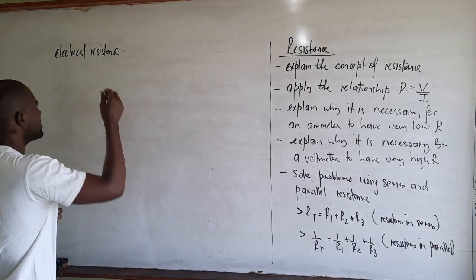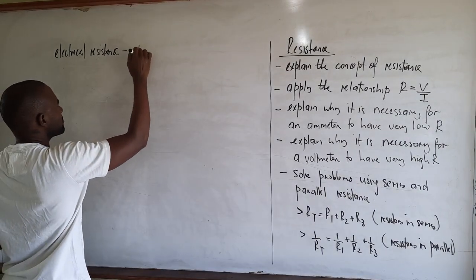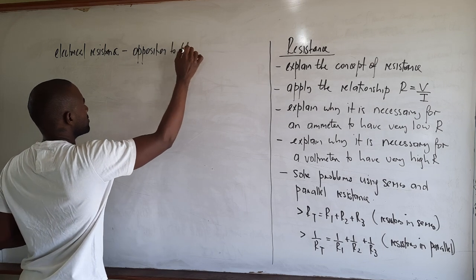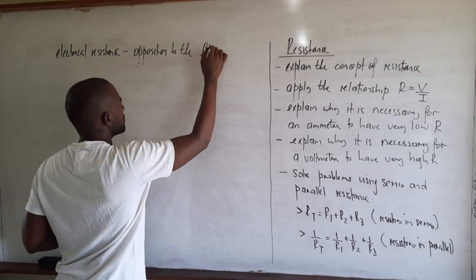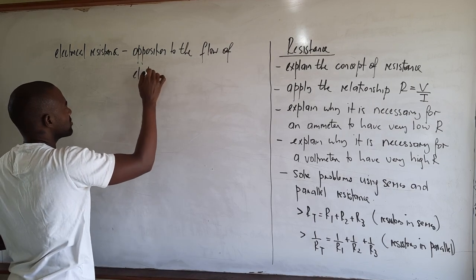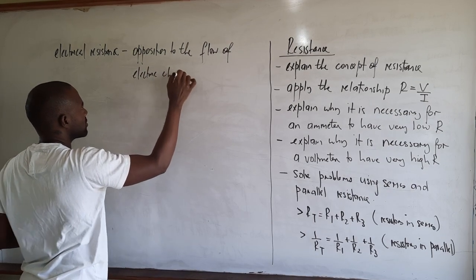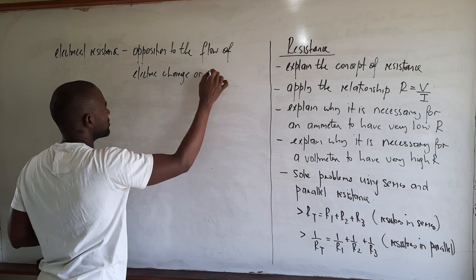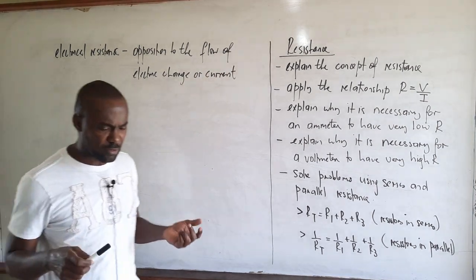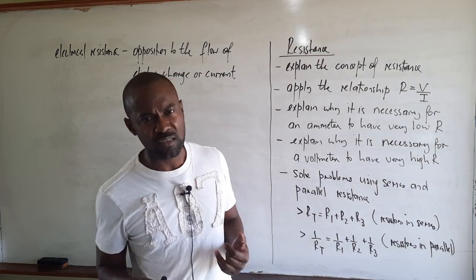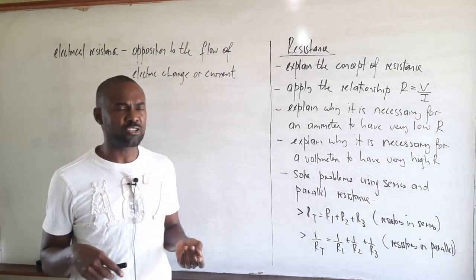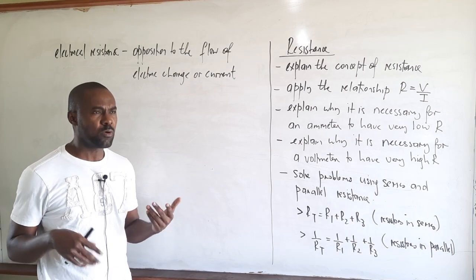So electrical resistance is the opposition to the flow of electric charge or current, right? So once again, we know current is the rate of flow of charge, and electrical resistance is essentially the opposition to the flow of an electric charge or to the flow of an electric current, right? That is essentially what resistance is.